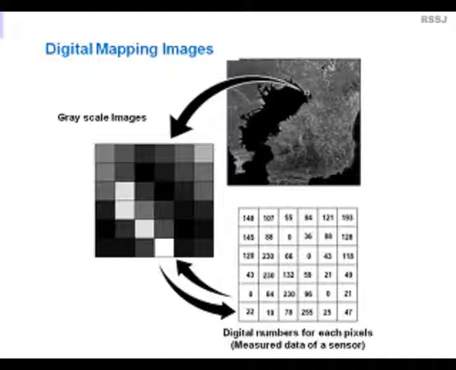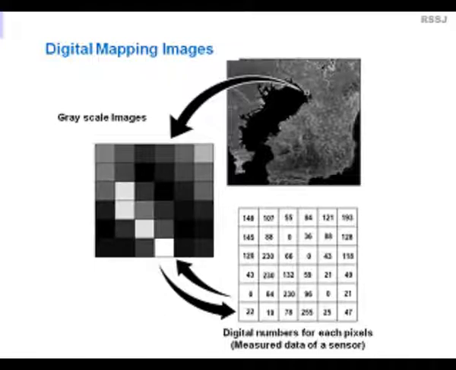Go back to this raw data. This is a grayscale final product of remote sensing, but from the satellite we have just a digital number series like this. So we convert and map it like this, so we can get a grayscale image.